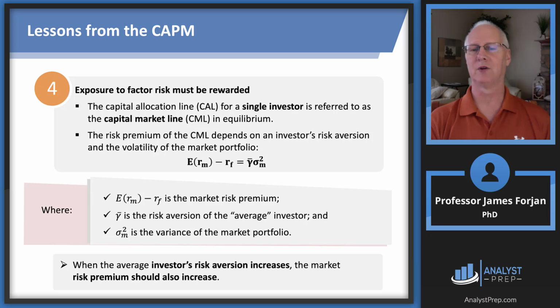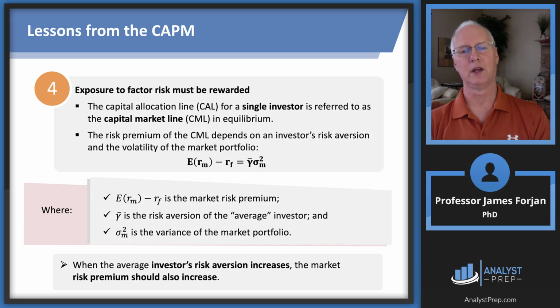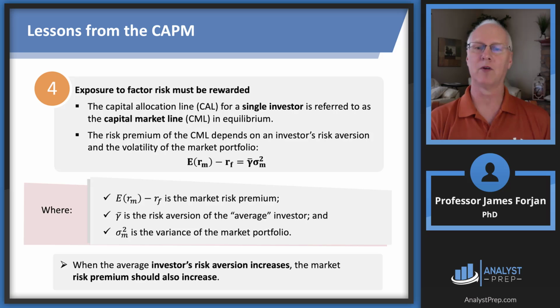All right, so look on the left side of the equal sign. We have the expected return on the market portfolio minus the risk-free rate. So that's the market risk premium, which is equal to, and notice what's on the right-hand side of the equal sign, the variance in the market portfolio. There's our factor, right?